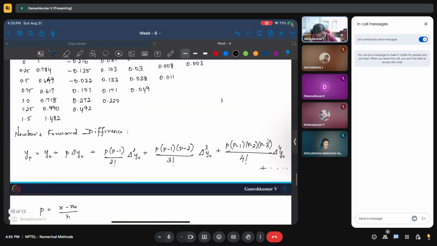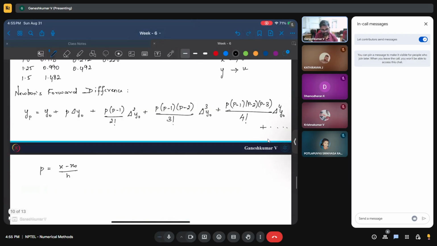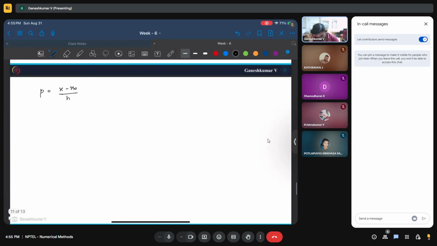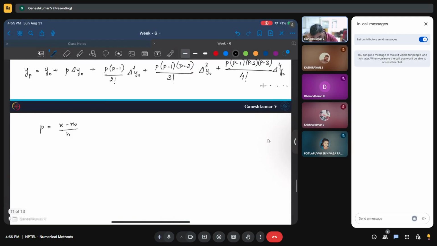So x is t and y is u. We want to know at what t the y is becoming 0. So we know y, but we don't know t, which means we know y but we don't know x. So this p is a function of x.